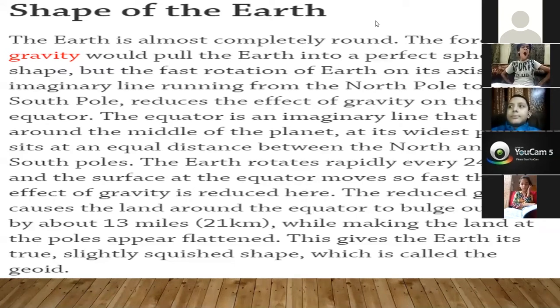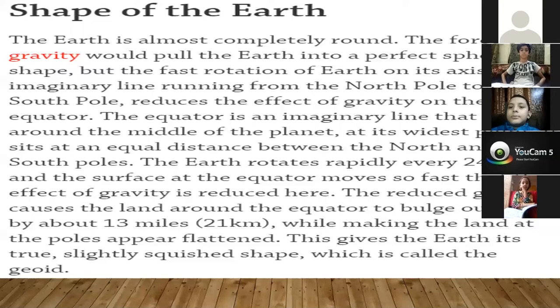When we sit on any kind of ride, we feel like our weight has been reduced, and we are moving faster, and we are flying in the air, kind of thing. We lose some of our weight. So when the earth rotates very fast, it loses some of its gravity, and that allows it to bulge in the middle.